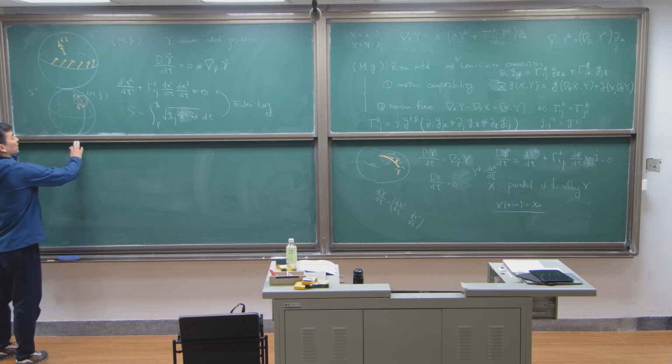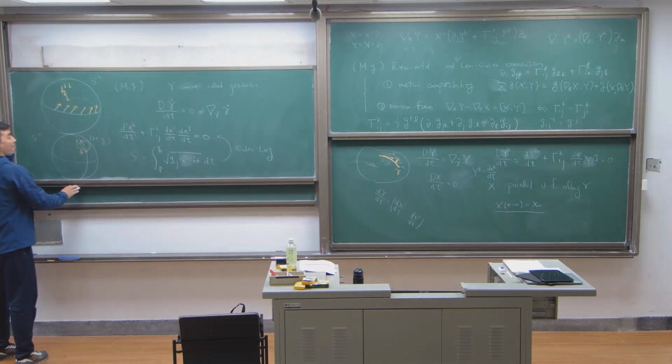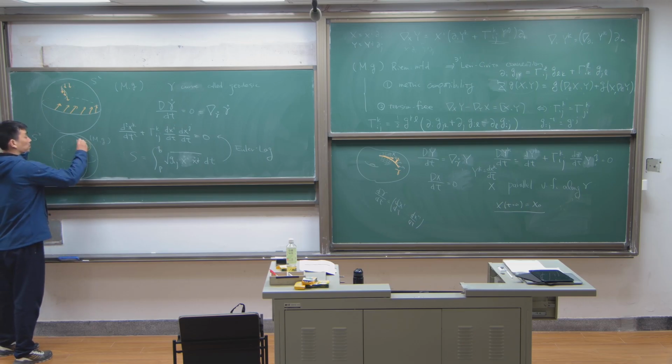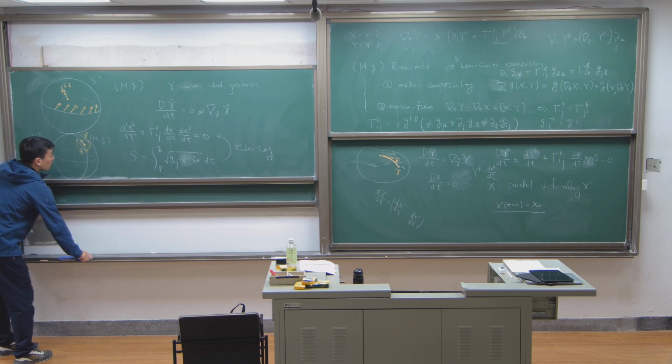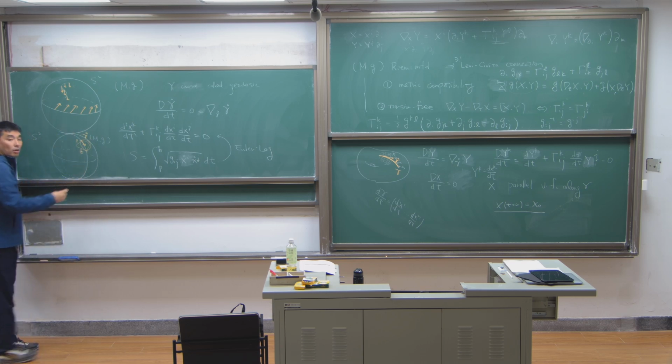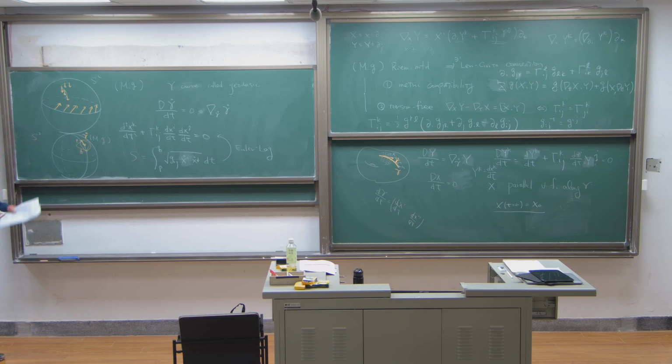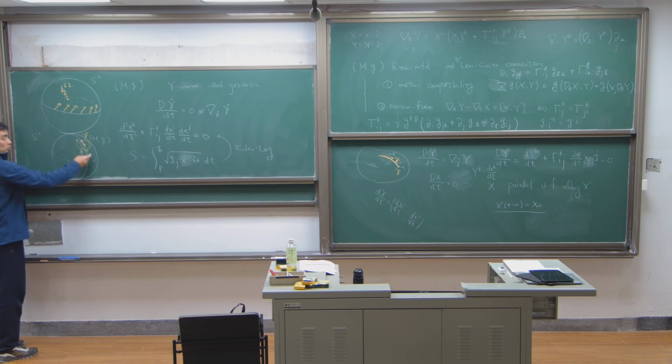However, given the initial condition, gamma naught, one can always solve this geodesic equation locally, and that will give you the locally shortest path. But globally, it's not the case. For instance, if you start here and want to go here, this is the shortest path.